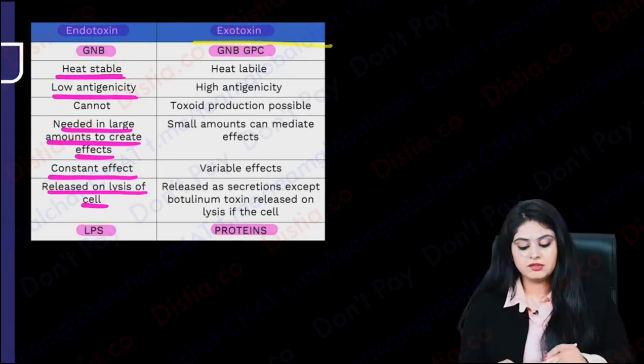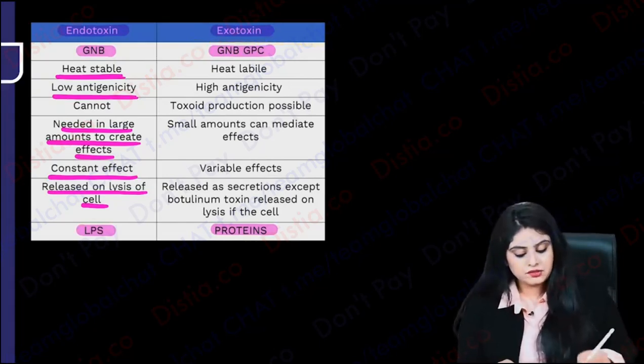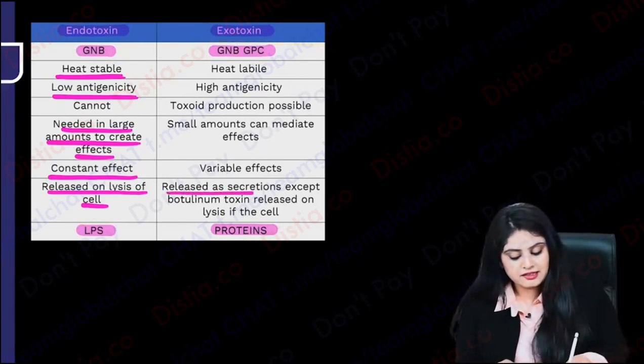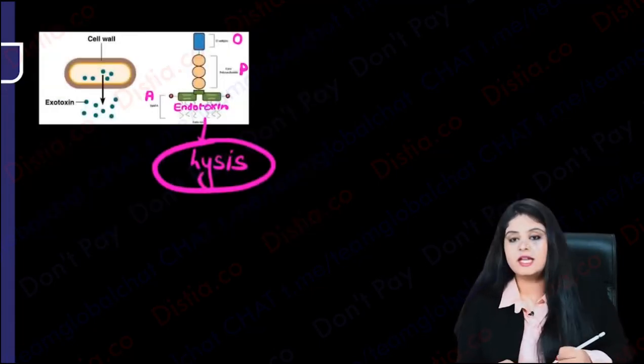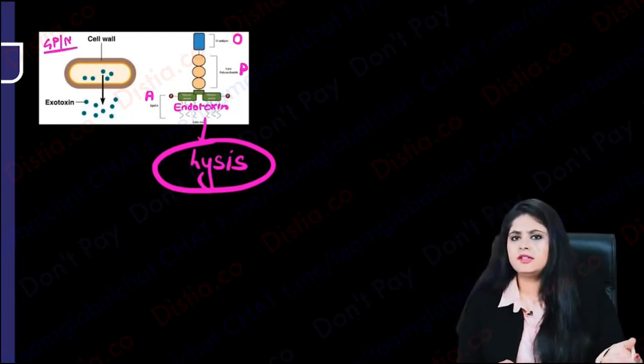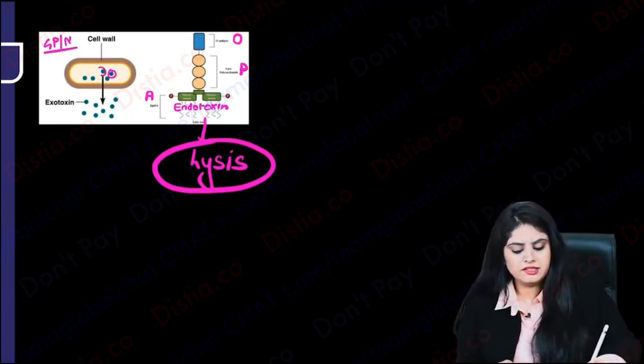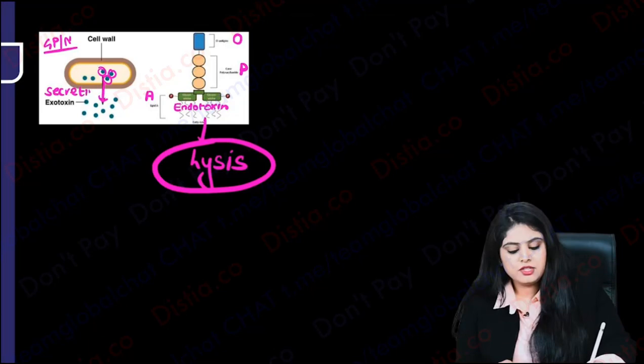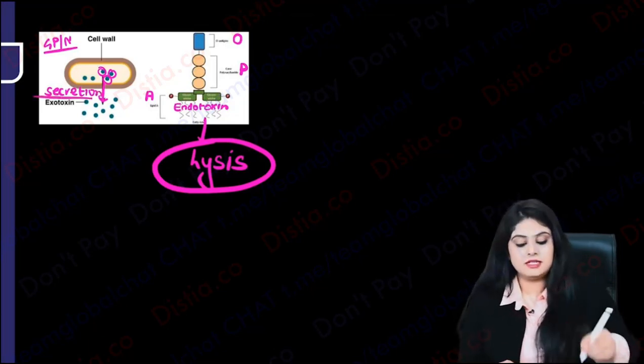Talking about exotoxin, everything is opposite. Exotoxin is going to be released as secretion. Have a look at that picture again. This could be a gram-positive or a gram-negative organism, because exotoxin can come from anything, and you can see these molecules are just secreted. Exotoxin will just exit, is how I have learned it.